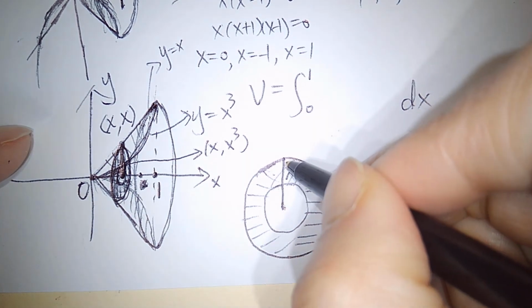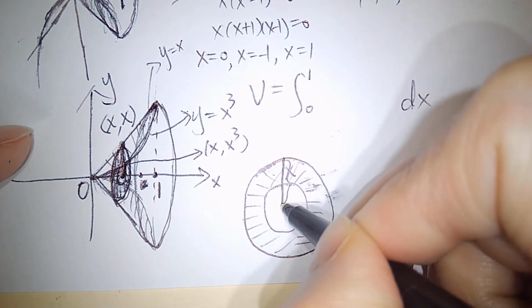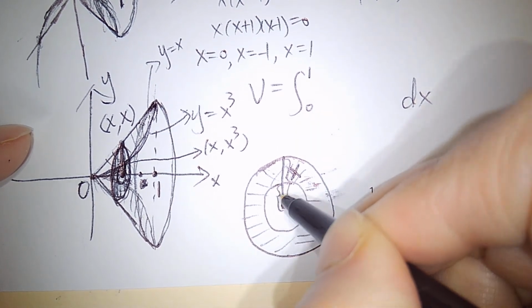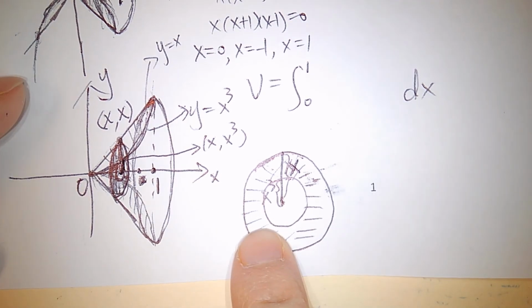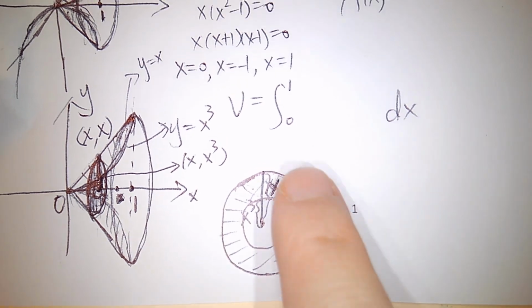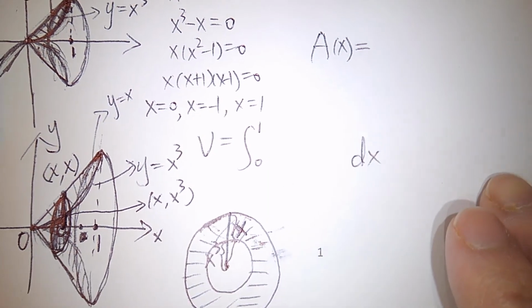So this is x, and this is x to the cube. It's hard to understand, right? It's not hard, right? Is it hard? No? Okay.